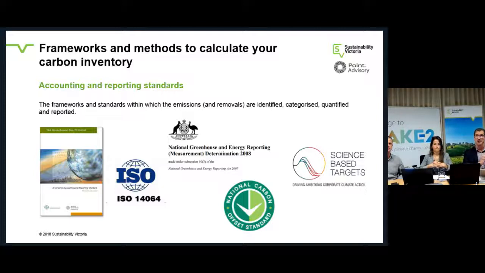Currently, I think there are around 2,000 companies within Australia covered by that legislation, and each reports the emissions associated with every single facility under its operational control. So NGER is a really key part of the carbon accounting landscape in Australia.